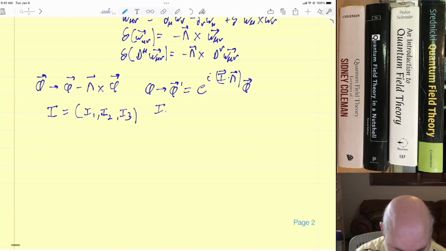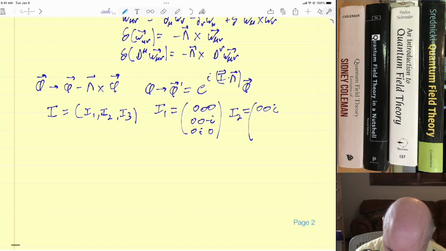And I'll even write them down explicitly. You've probably seen these before. It's I1, I2, and then I3.